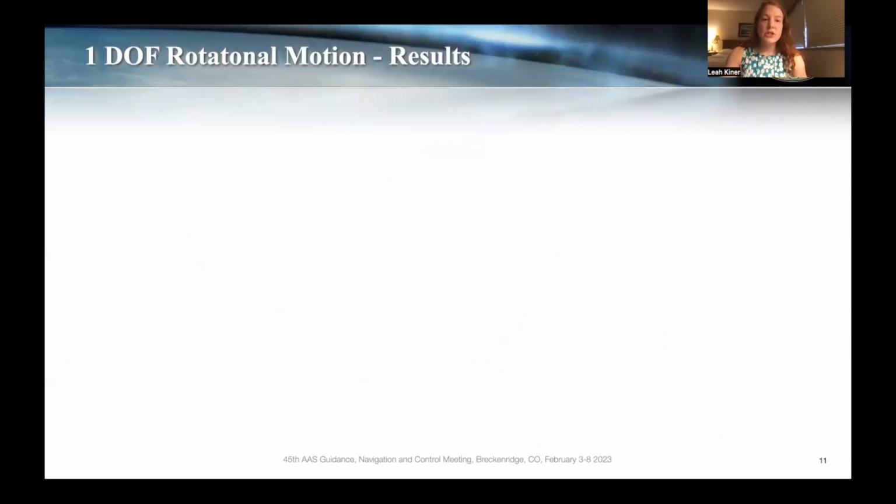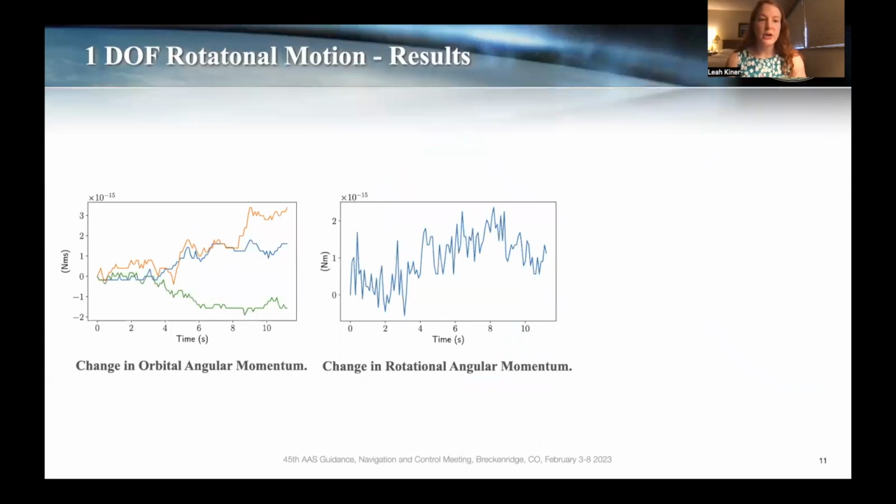So in order to verify that our implemented dynamics are accurate, we're essentially checking a few conservation quantities here. We're checking our orbital angular momentum, our rotational angular momentum, our orbital energy, and our rotational energy.